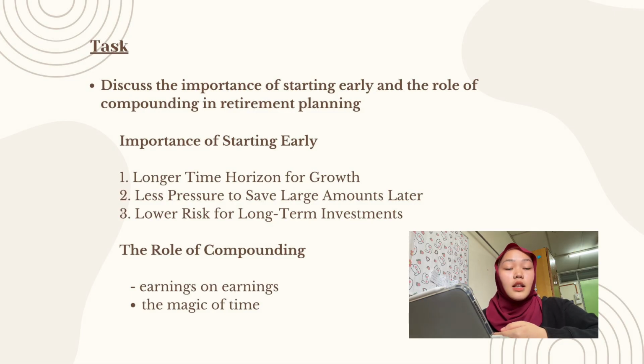For example, if you invest 1,000 ringgit and earn 7% annually, in 10 years you will have about 1,967 ringgit. But if you wait 20 years, that same 1,000 ringgit grows to approximately 3,869 ringgit, showing how the extra time amplifies returns. And that's all.